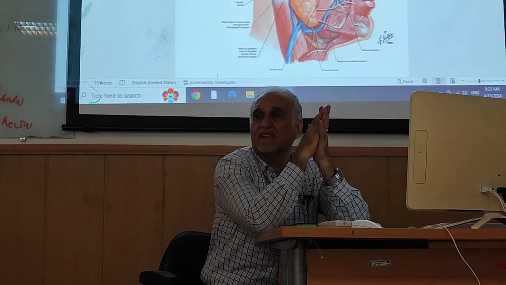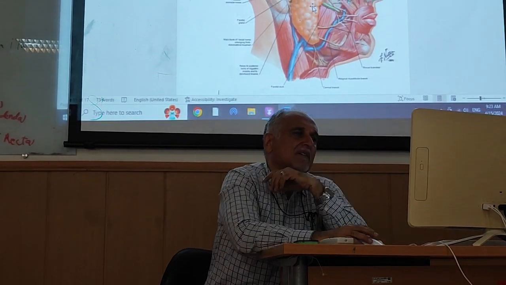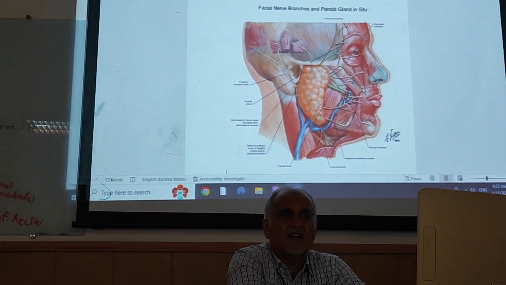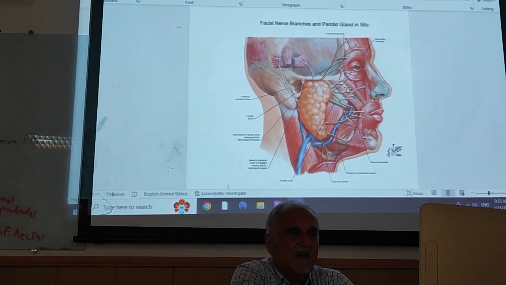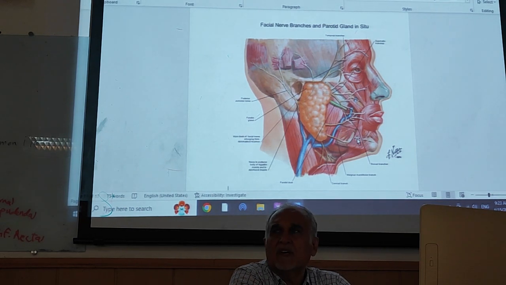So because of this, they are called mimetic muscles. We have a lot of muscles in the head and neck. They will be introduced to you, and you can see some of them here. We have some around our eyes, or around our lips, and here we have some that take part in the function of the mandible.